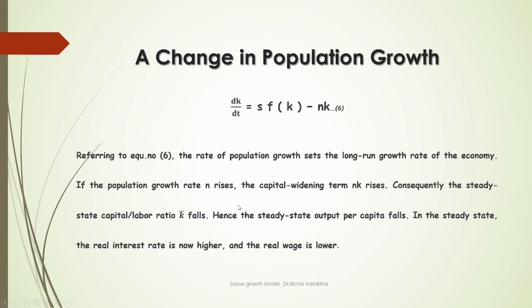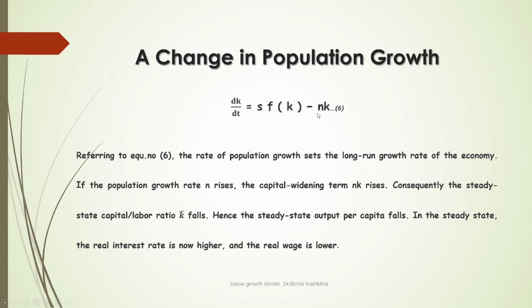Now what happens when there is a change in the population growth rate? If we refer to the equation we worked out, equation number 6, the rate of population growth sets the long run growth rate of the economy. Now if the population growth rate n rises, the capital widening term nk will rise.